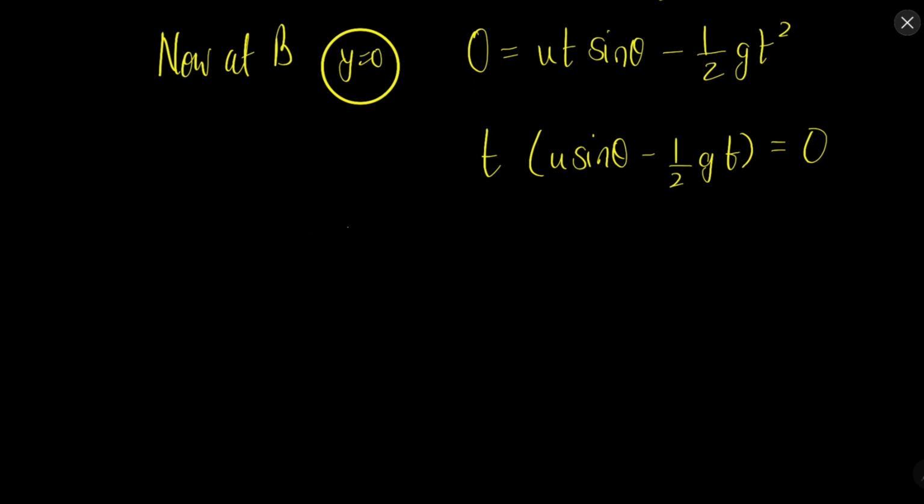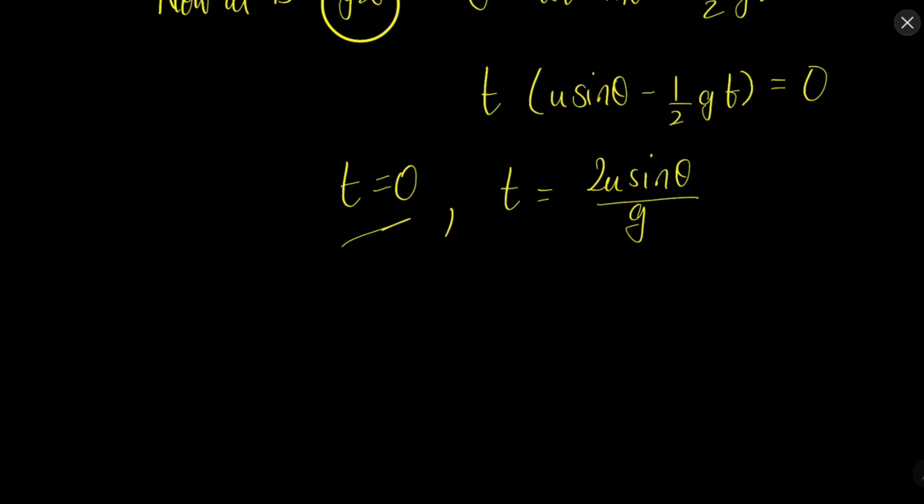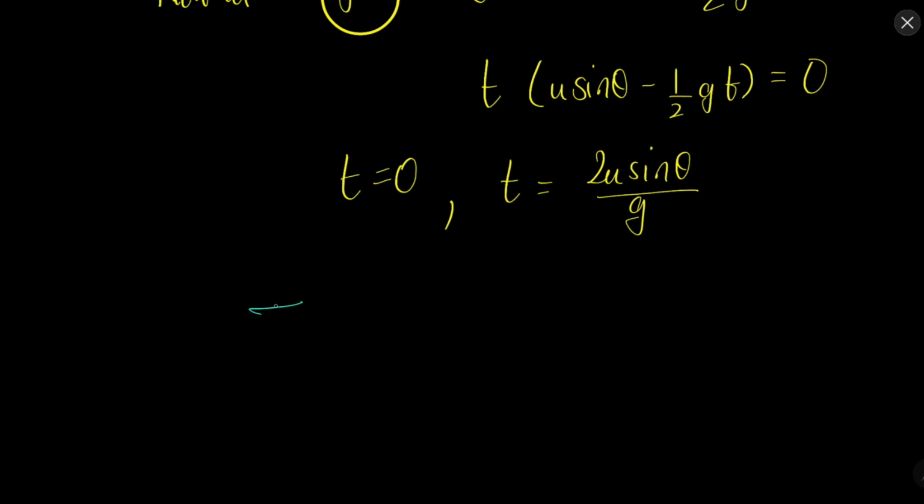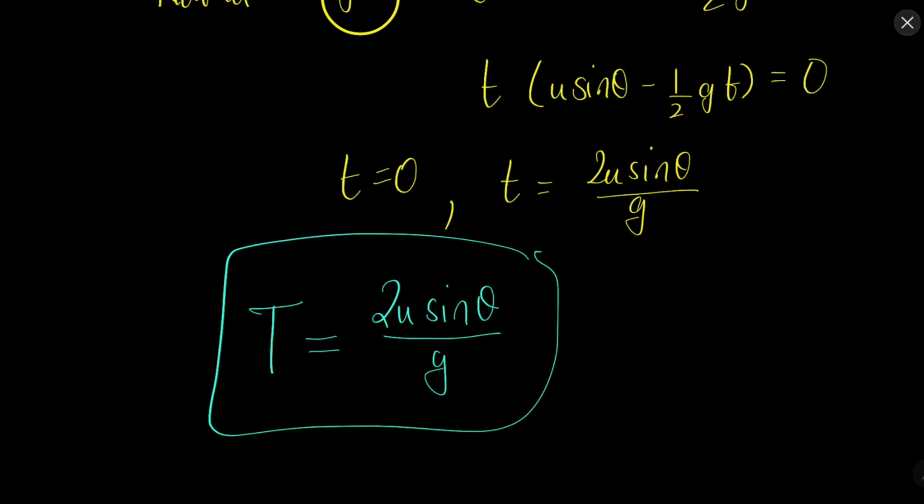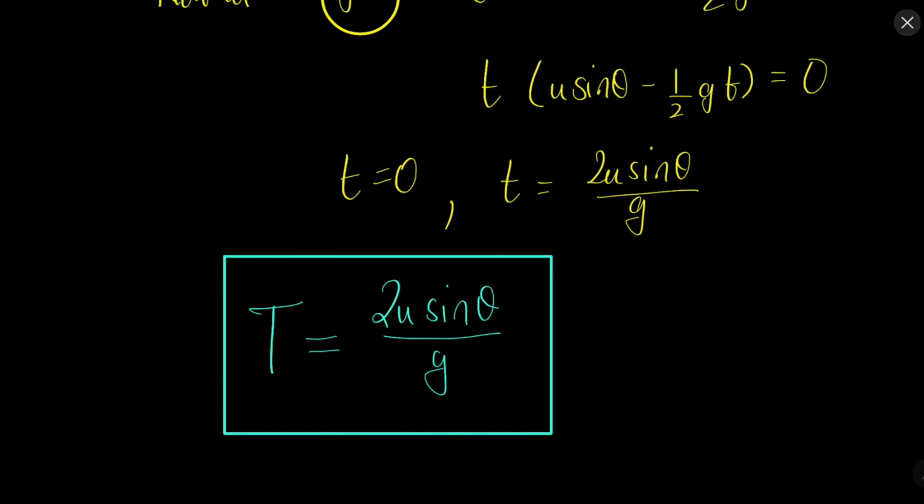So you ultimately get two values, t equals 0 and t equals 2u sin theta by g. Obviously t is not 0, there is some time that has elapsed. So our formula for time of flight is t equals 2u sin theta by g.